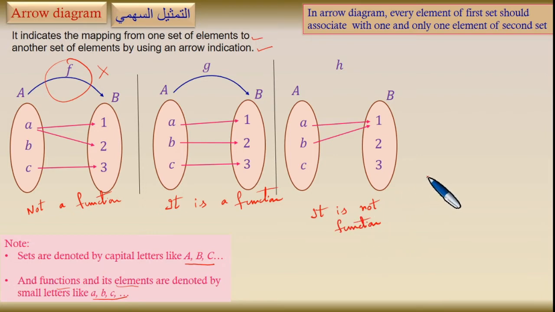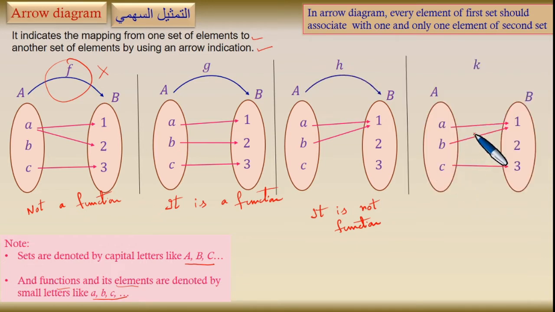Another example you can see. Here function K, where set A maps with B. Let's see whether the complete statement is satisfied. Every element of the first set A, B, C has association with only one.